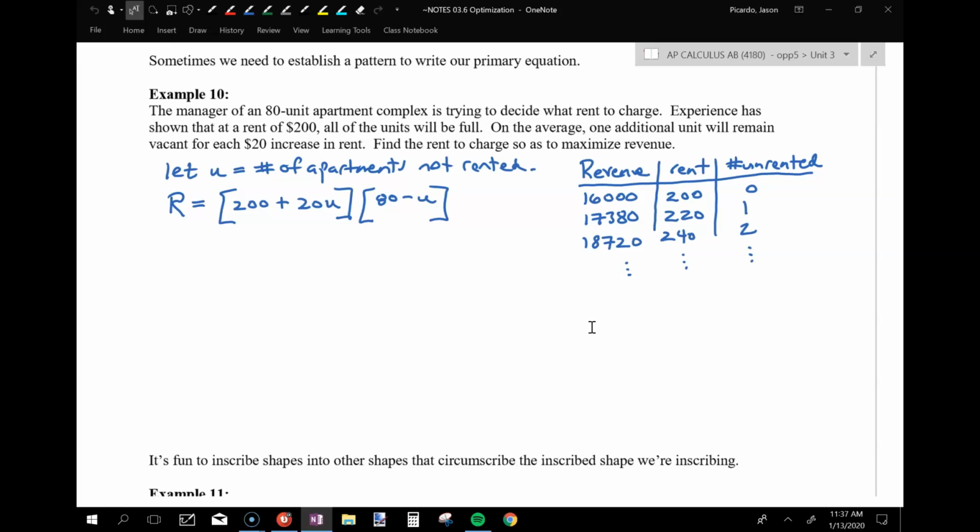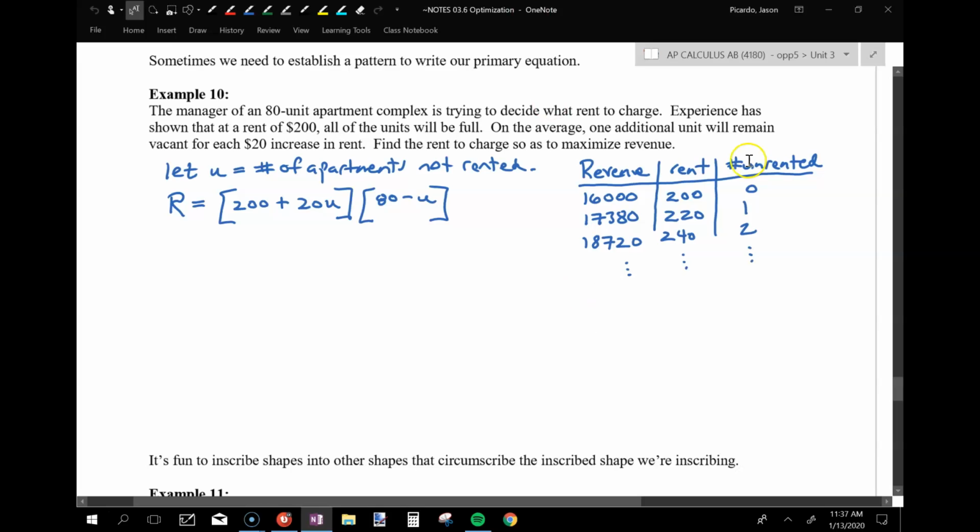So he makes it 220 and now he only has one unrented apartment, right? So what would be his income? It would be 79 times 220, right? If he raises it to 240, two apartments are going to go unrented. So what's his income? 240 times 78, right?